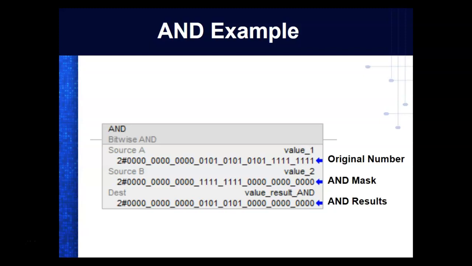Well, no matter what I have in source A, the destination is going to be a 0, because 0 and 0 is what? A 0. 0 and 0 is a what? 0. So over here, though, this mask is an F. So over here, it came through what? Unaffected. So whatever's in source A came through into the destination.